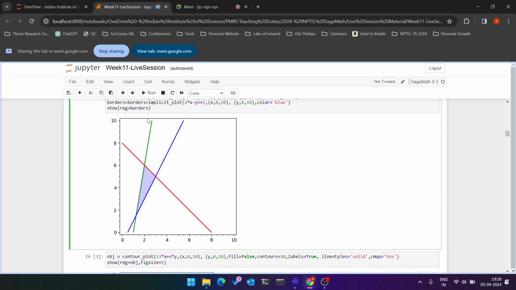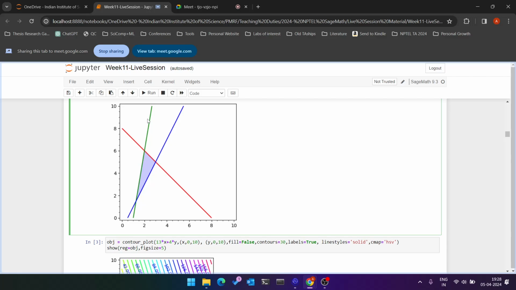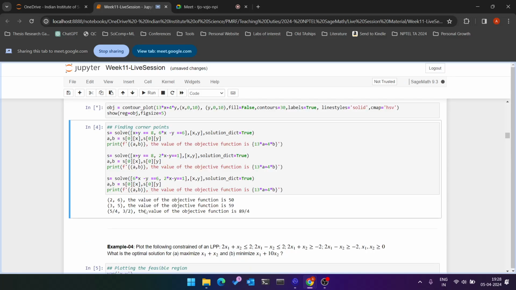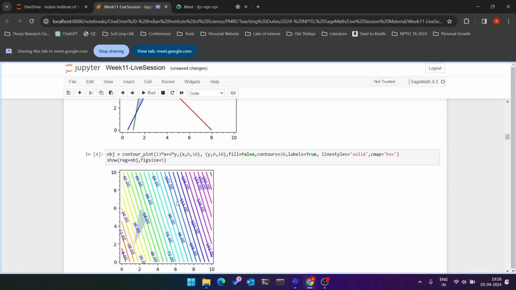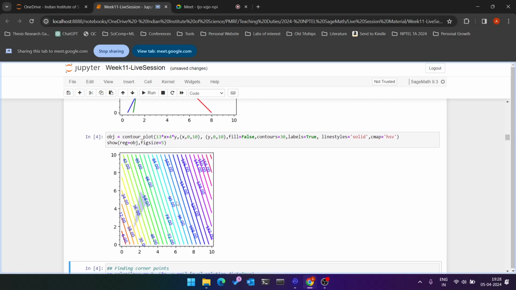Next, I wish to plot my objective function as a contour plot. We are plotting a contour for the objective function which is 13x plus 4y in the same space, x and y going in the same domain from 0 to 10, with labels.